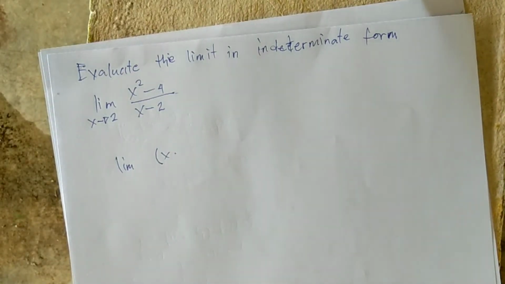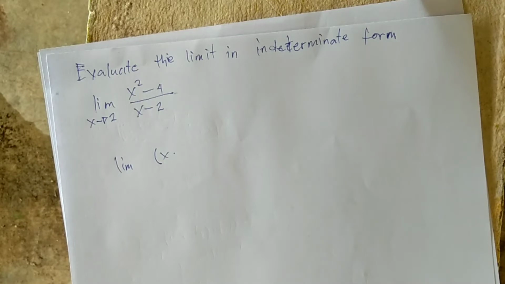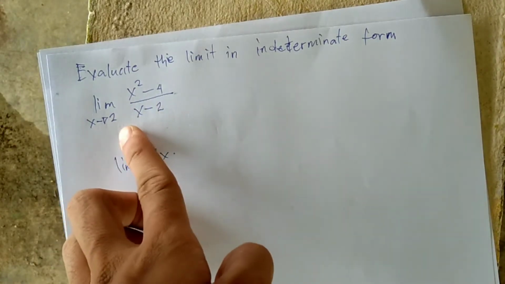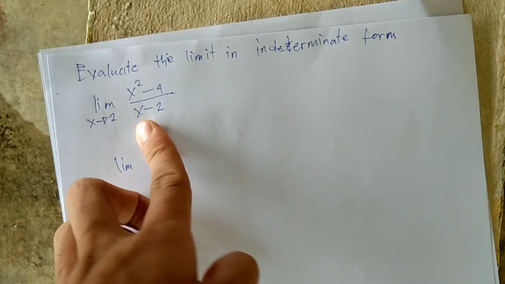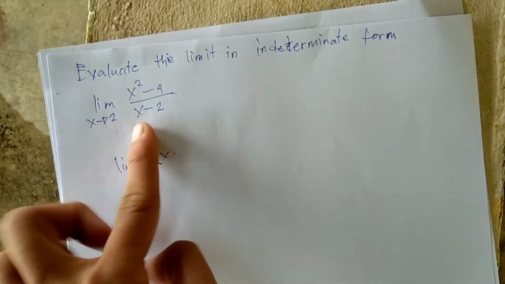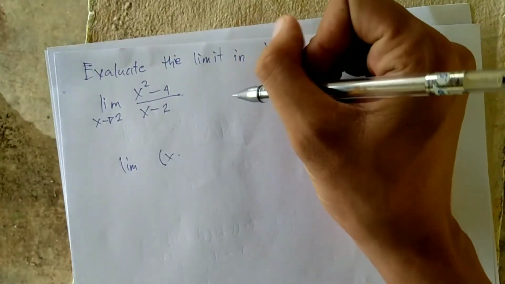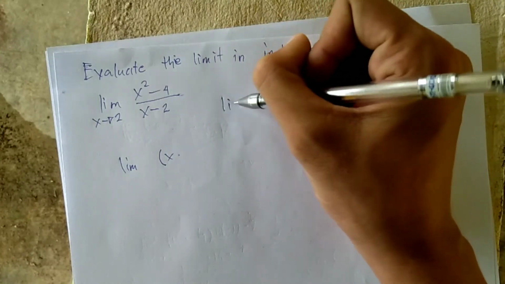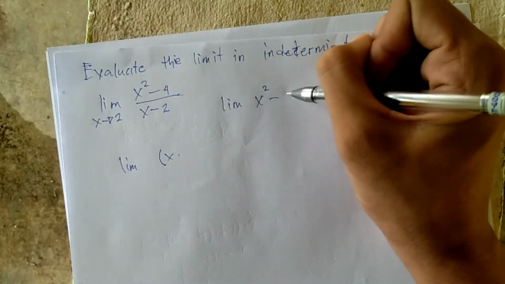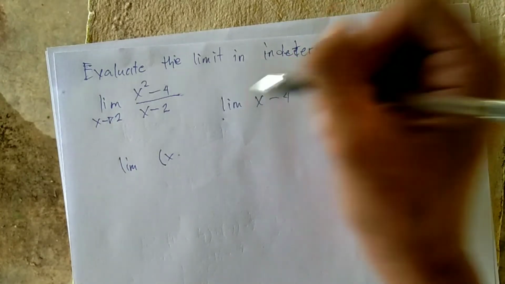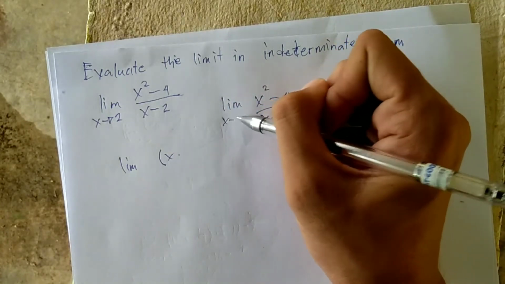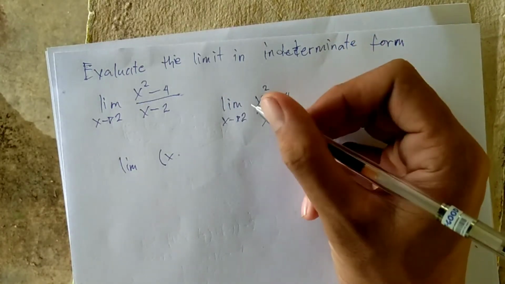The first move is we don't substitute yet, because if we substitute, the denominator will become zero. So, the substitution: limit of x squared minus 4 all over x minus 2, x approaches 2.